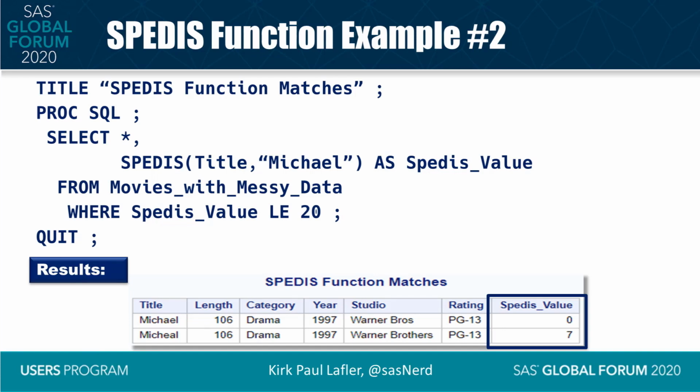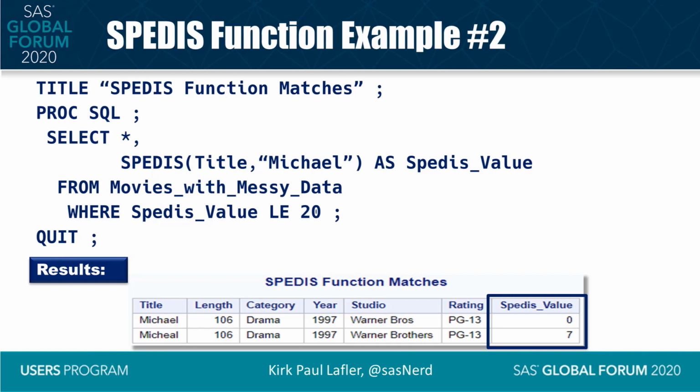And we see in the results that Michael, as well as Michael receives 0, Michael receives 7, falls within 20. Now you decide whether or not these are matches. We can use these functions and these fuzzy matching techniques to help us in our matching process.